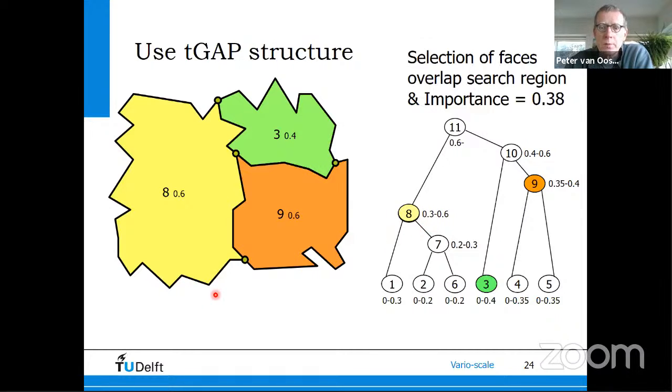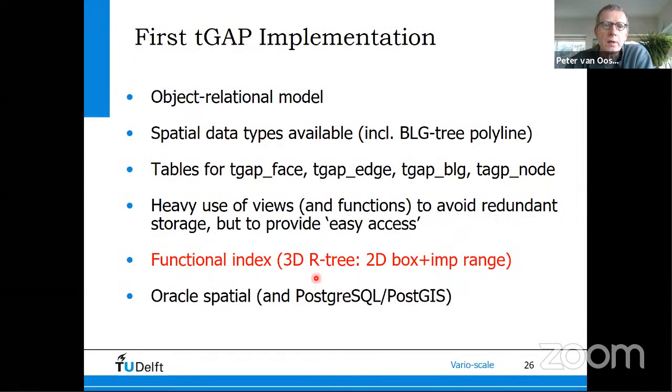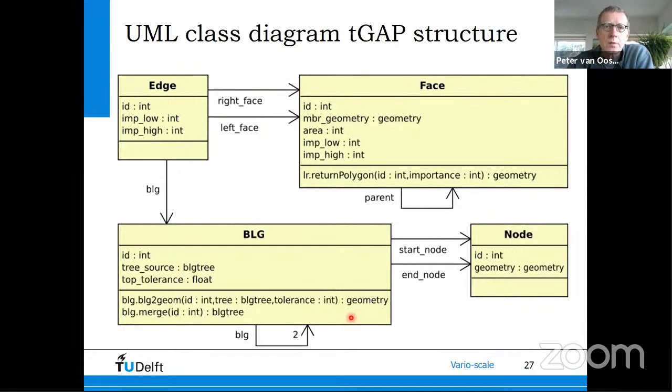So it becomes a box in 3D, and therefore a 3D R-tree is used, the 2D box and the importance range. And we made implementations in different systems, Oracle, but also Postgres. Here are the tables, and you see the UML diagram.